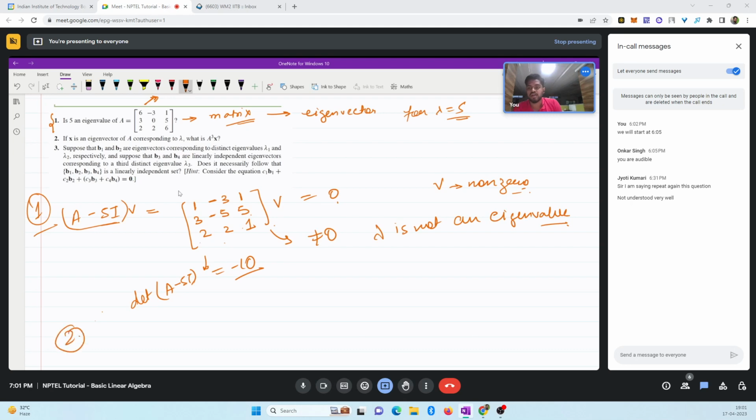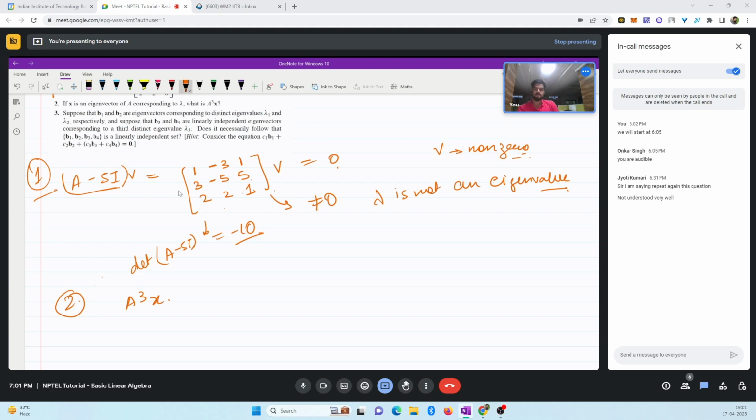It is saying that, let's say x is an eigenvector of A corresponding to lambda, right? So x is an eigenvector corresponding to the eigenvalue lambda. Then what is A cubed of x? So A cubed of x is nothing but A squared times Ax.